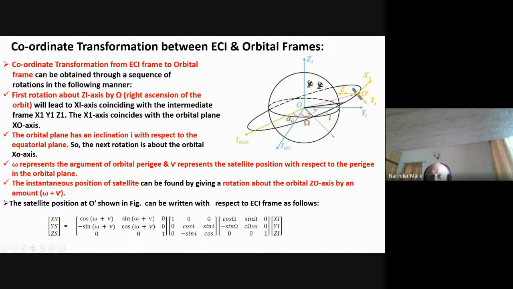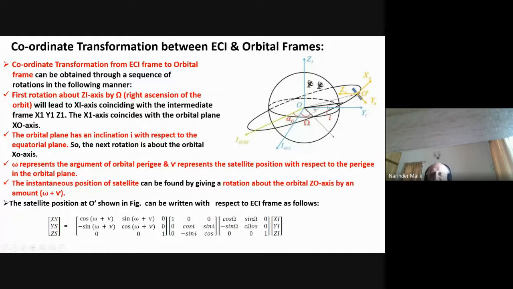Now, because the orbit is tilted by angle i, I have to give a rotation about this axis so that this plane, which was lying in the equatorial plane, shifts to the orbital plane. So the next rotation is about this axis by i.